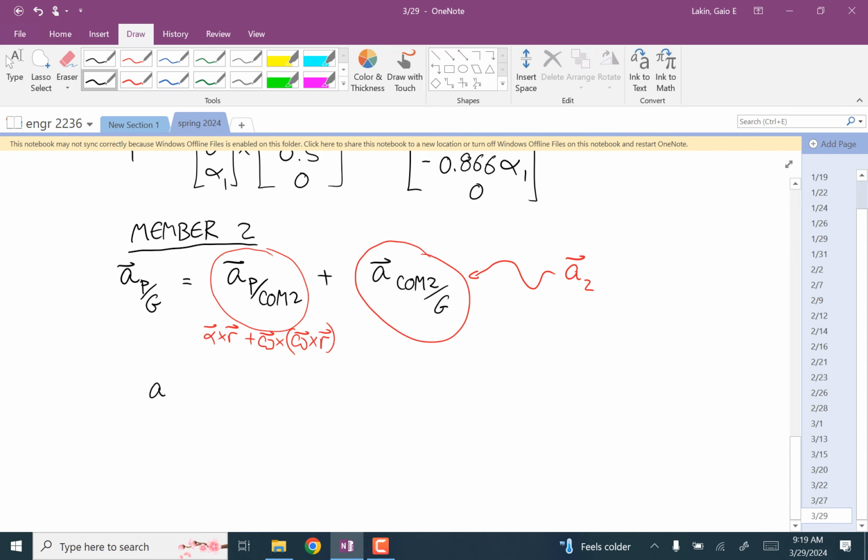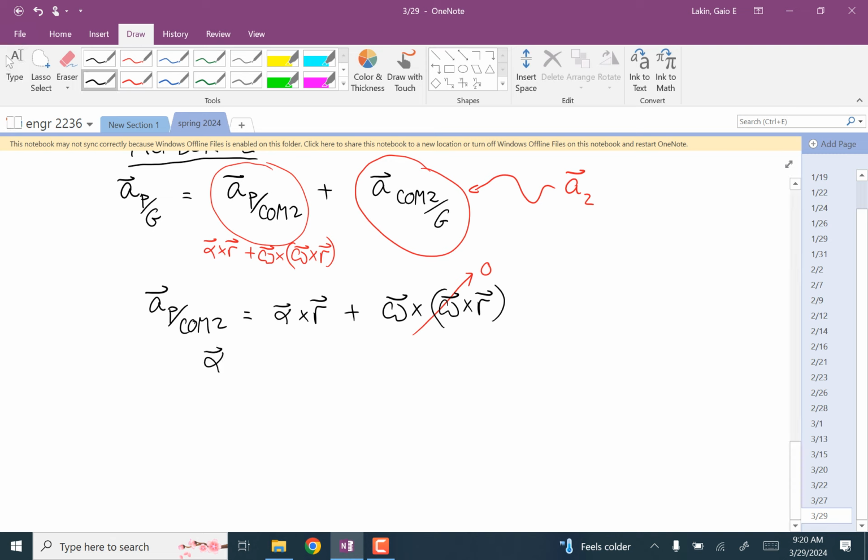Okay, so the acceleration of P relative to the center of mass of 2. This goes away because our omegas are 0.